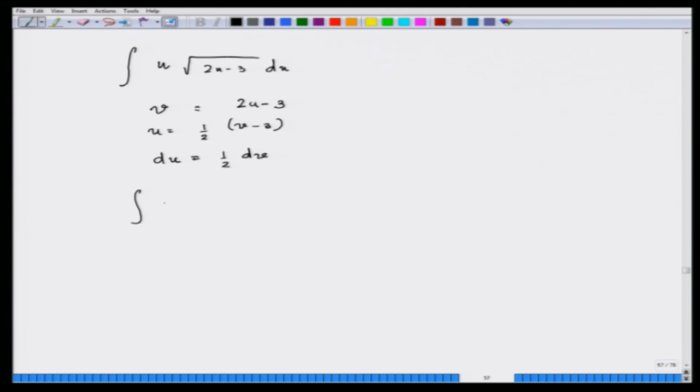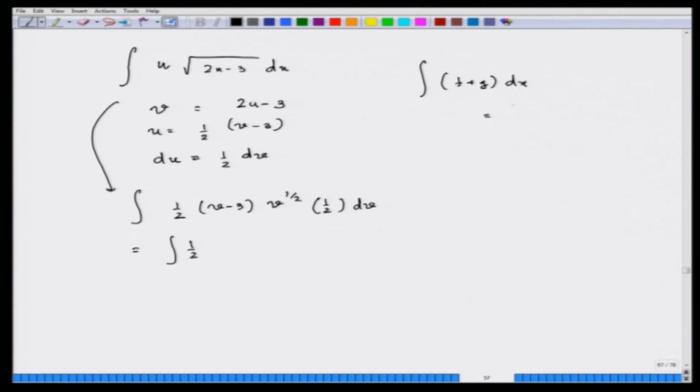So, this integral will now become the integral of half of v minus 3, times v to the power half, times half dv. Now it is very simple, because you know that the integral of f plus g of dx is the addition of the integrals, integrating the sum of two functions.